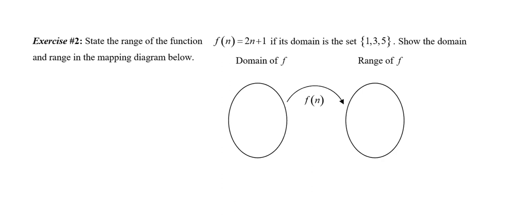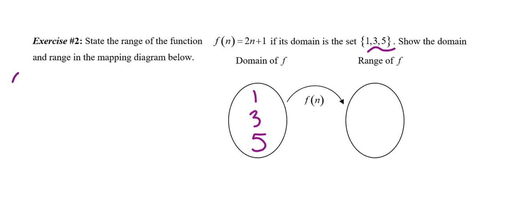So first thing I need to do is I know my domain. It's given to me. It's right here. I'm going to put in the domain circle 1, 3, 5. That's my input. I already know what my inputs are. So now I have to find my output. So I have to plug those in for n in the function f of n to find my range of f.